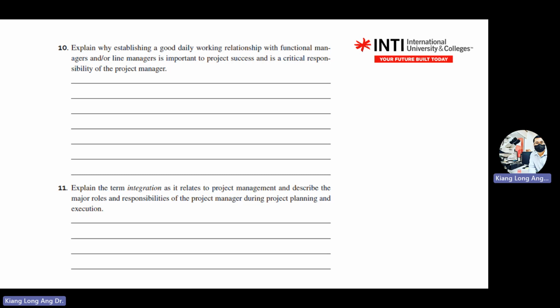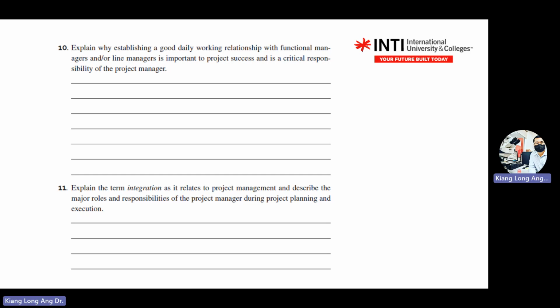Not merge. Merge is you mix the two things together. They're not mixed, but they are interrelated. Okay, project components and planning processes, they are interrelated in project management. That is what integration means.